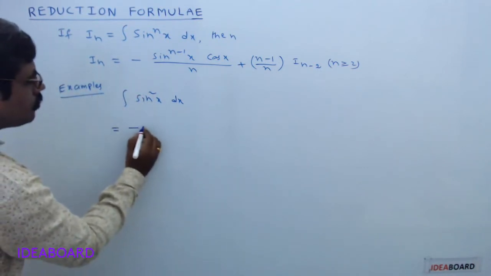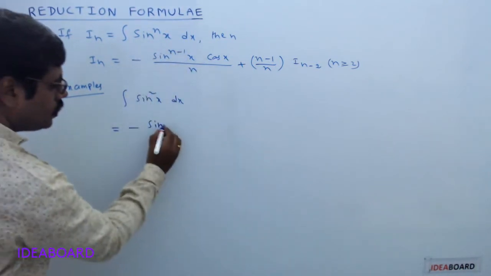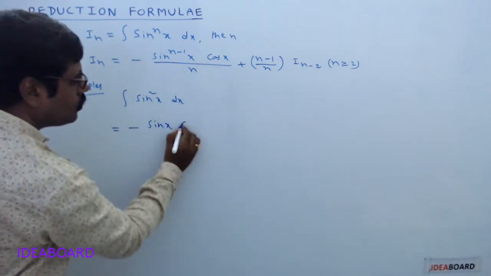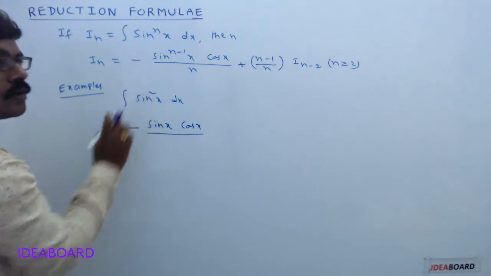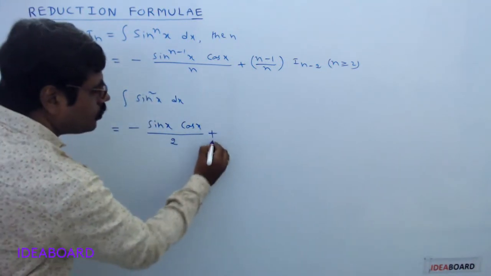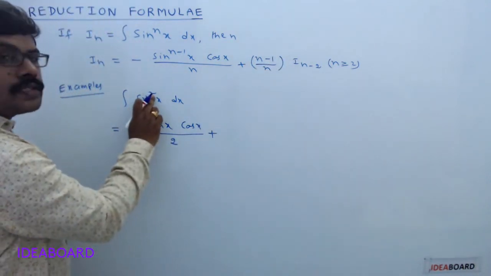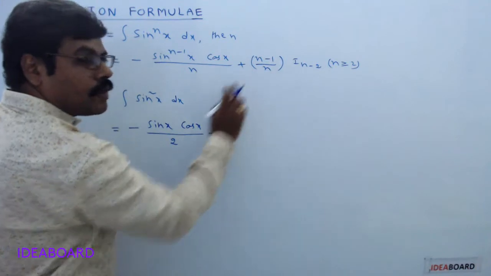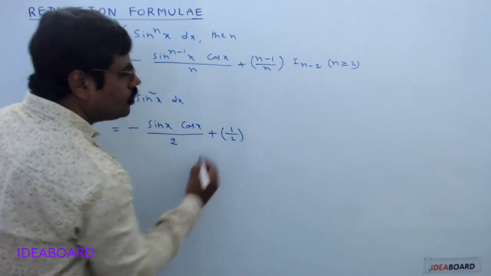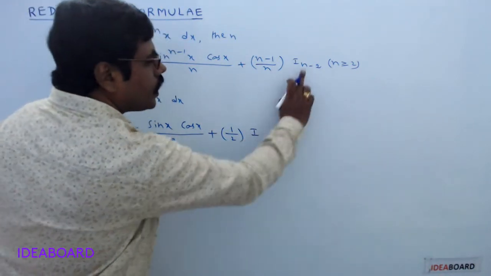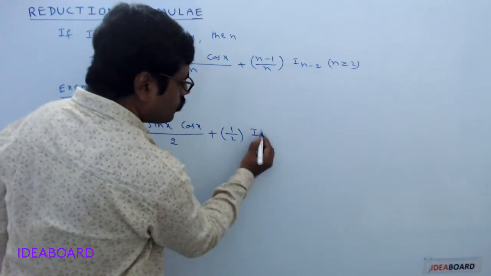So it will be minus sin^(2-1)x, that is sin x into cos x divided by n, which is 2, plus (n-1) divided by n, so 2 minus 1, 1 divided by 2, into I_(n-2). The n value is 2, so 2 minus 2 is 0.